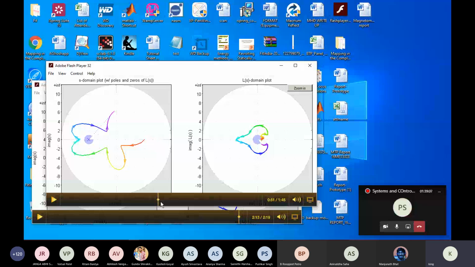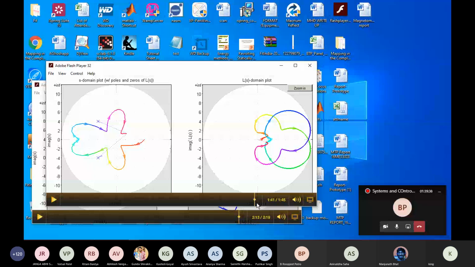And here is what happens when you are dealing with a pair of complex conjugate zeros or poles using an arbitrary input curve.